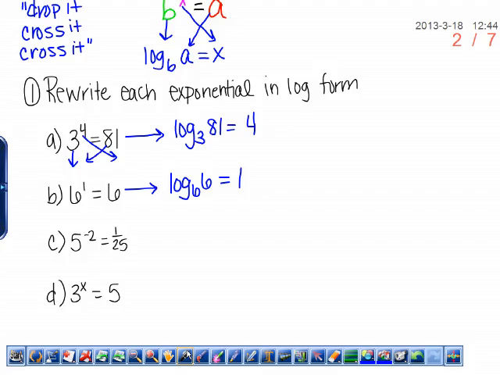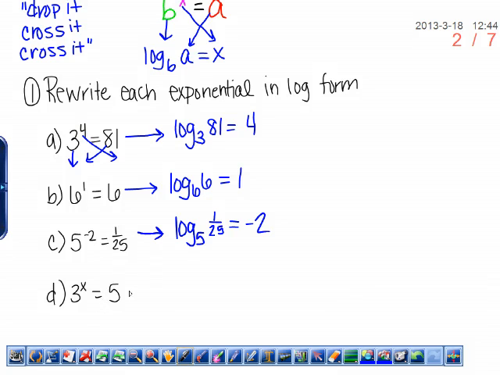Spencer, how did you rewrite C? Log base 5 of 1/25 equals -2. Okay, don't forget that those negative exponents flip our base. Okay. If you were to put parentheses around your A value, that would be totally fine.